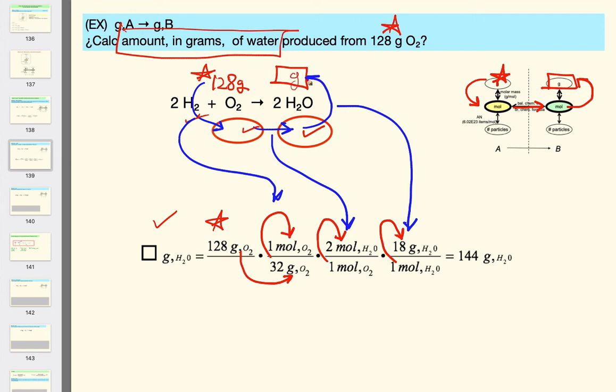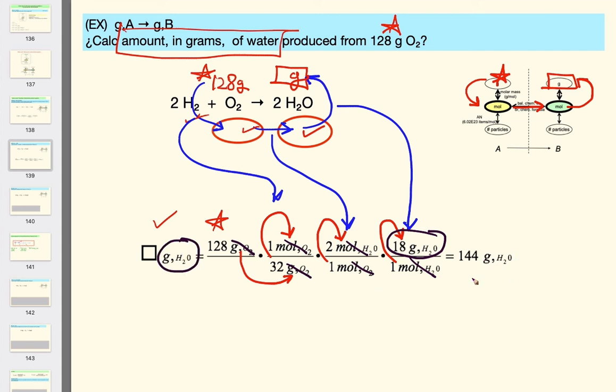This is what we were looking for, grams of H2O. That's how I know we're done, because the unit on the right now equals the unit on the left exactly. So to see that, grams of O2 crosses off, moles of O2 crosses off, moles of water crosses off. The only unit left is grams of water, and the unit that you're looking for is grams of water.